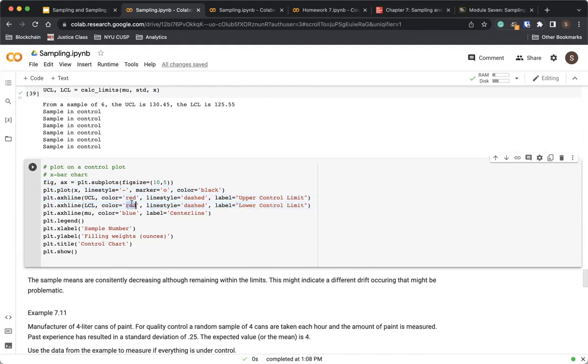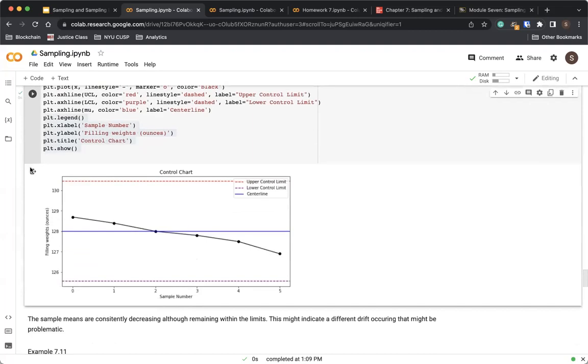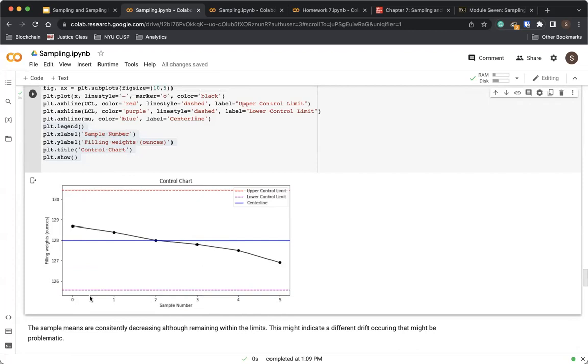I just made these red, but I'm going to make one purple just so we can see the difference. And then I'm also plotting a horizontal line that shows the mean. We are just going to label it, show the legend, and make sure we have our title there. So these are those values of X. And now just by eye, you can see that all of them are within the upper and lower control limits.